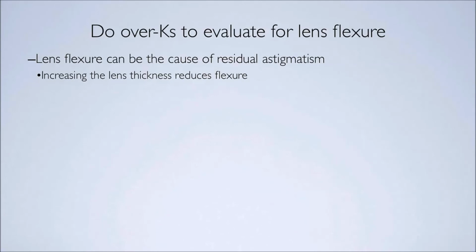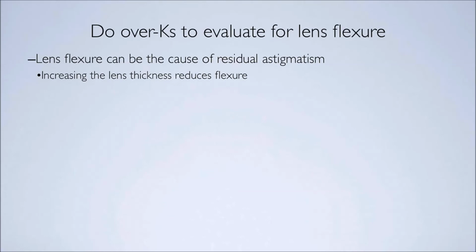Once I've satisfied myself with the fit, the vault over the cornea, and the alignment to the conjunctiva and sclera in the peripheral curves, then I want to evaluate how well the lens is performing as far as refraction and vision. One of the things that I like to do is I do keratometry readings over the front surface of the lens to see if I have lens flexure.